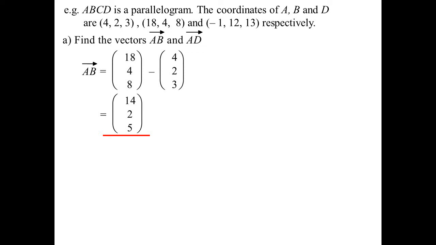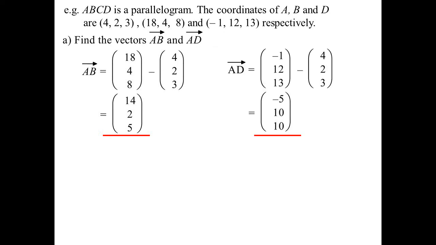You see, I think column vectors, certainly once we move into 3 dimensions, is the nicest way of playing with these, because now it's real simple. I just read across the line. 18 minus 4 is 14, 4 minus 2 is 2, 8 minus 3 is 5. There is the vector AB. AD, same idea. We get (-5, 10, 10).